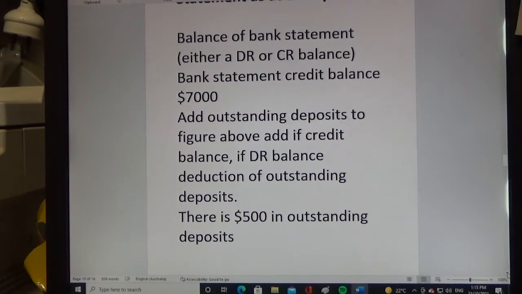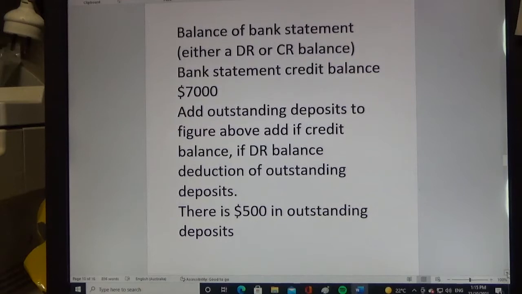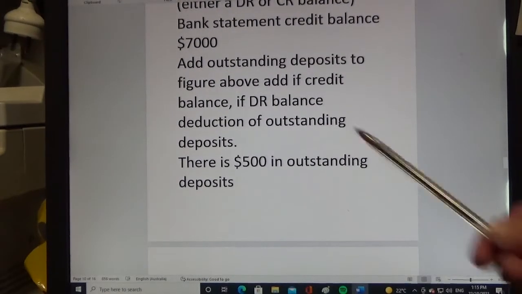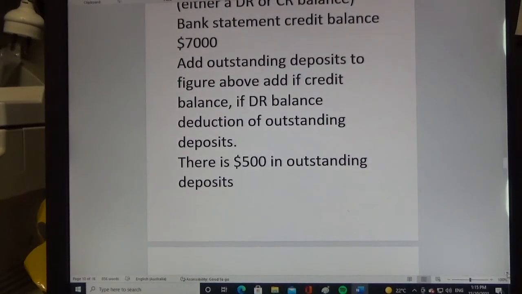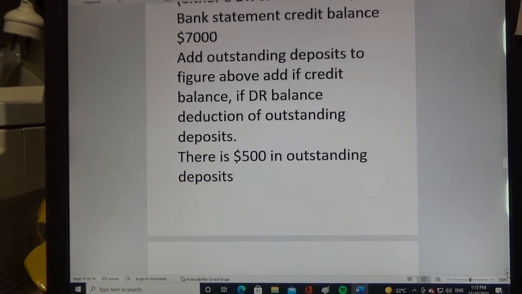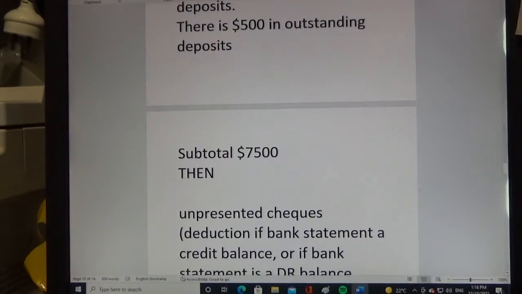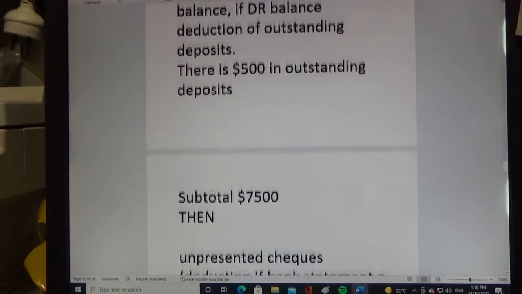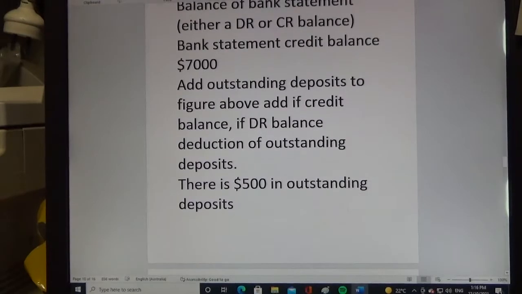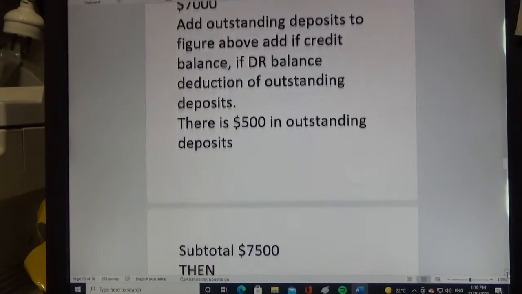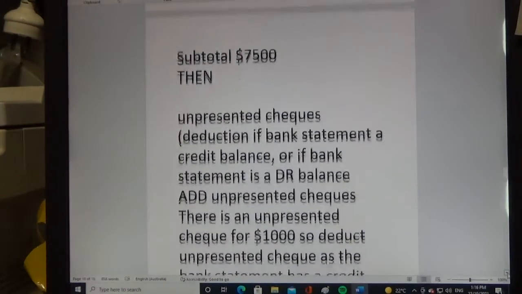We add outstanding deposits with a credit balance, but you don't deduct it because it's a credit balance. And we found that there's $500 in outstanding deposits to Boggabri Green Energy. So because the initial figure was 7,000 and outstanding deposits is 500, the subtotal after that adjustment is 7,500.